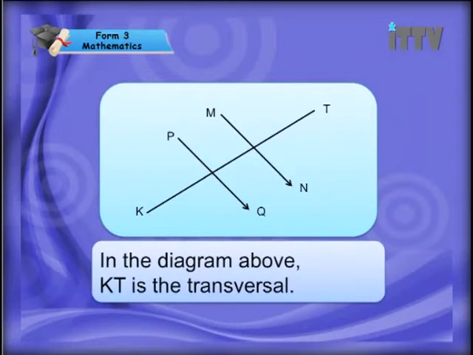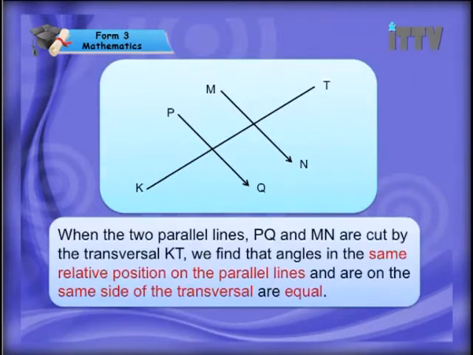If you look further, there is another line that cuts line PQ and MN, which is known as KT. Therefore, KT is what we call a transversal. It is a very simple concept. Line KT is the transversal, and line PQ and MN are the parallel lines.